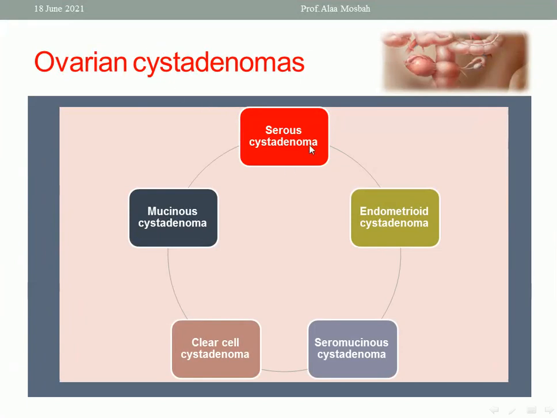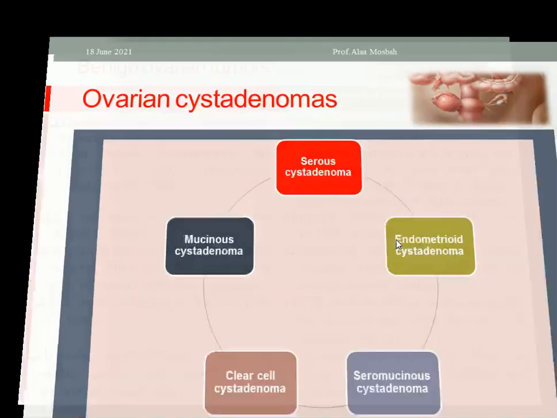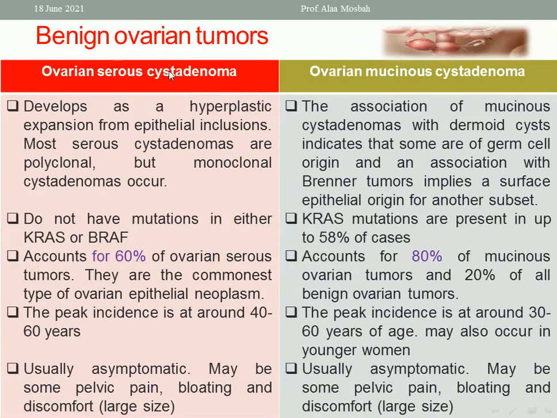Ovarian cystadenoma, as we mentioned before, we have these 5 types. Let us go to each type. Ovarian serous cystadenoma develops as hyperplastic extension from epithelial inclusion, and most serous cystadenomas are polyclonal, but monoclonal cystadenoma occur. They don't have mutation in either KRAS or BRAF gene. It accounts for 60% of ovarian serous tumor, so it is the commonest in serous tumor.